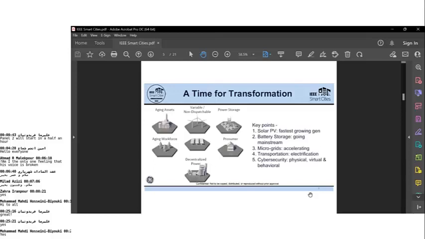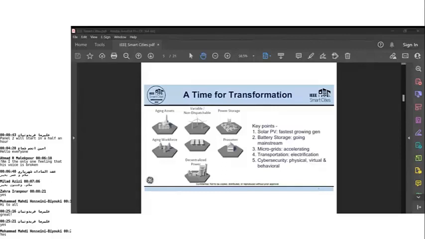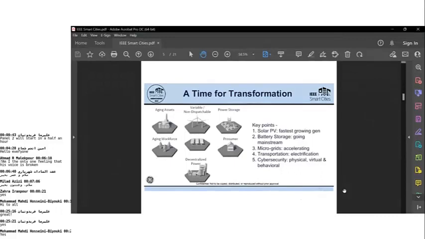Bringing in renewables also means a lot of challenges with the variability associated with them. They're not providing power 24/7, and these variable energy sources are bringing a lot of issues like voltage violation and voltage variation, to name a few.